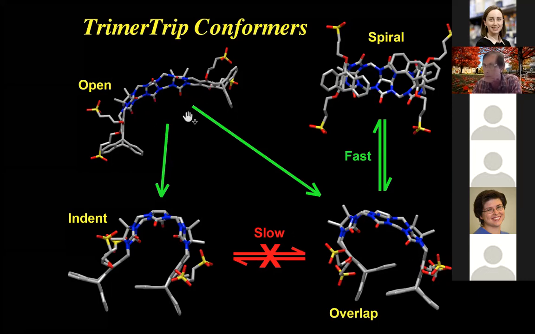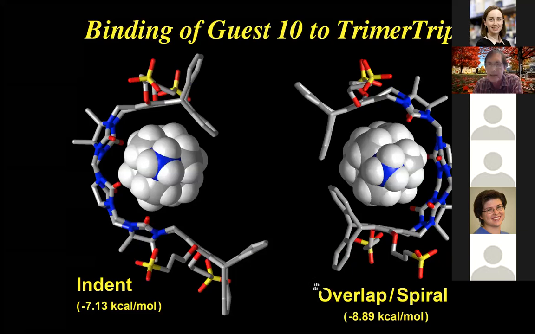The open form doesn't bind things. So we computed the binding of every ligand to this form and to this form, and then we had to weight those appropriately. So here's an example of guest 10. It's a diamantyl system bound to both the overlap form and the indent form, and here are the binding free energies that we came up with for those two.